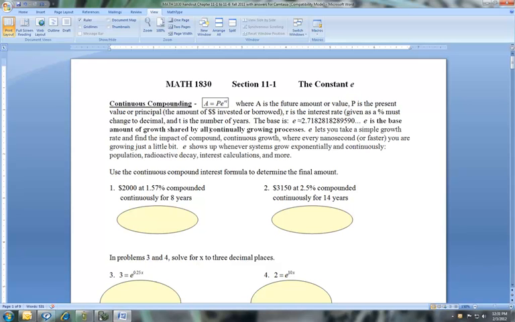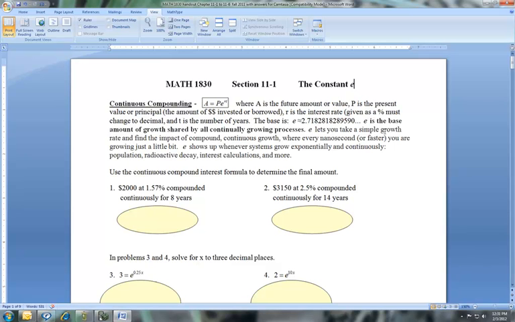So in this, the base, I keep talking about E. It's 2.7182818. Keeps on going. It's a base amount of growth shared by all continually growing processes. If it's continuously growing, then this is the base for that particular growth.